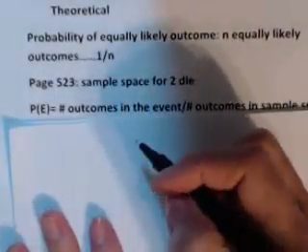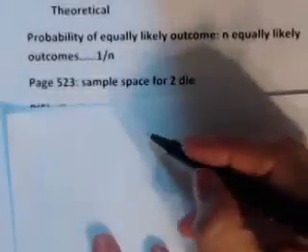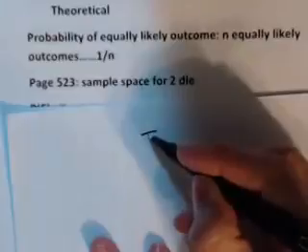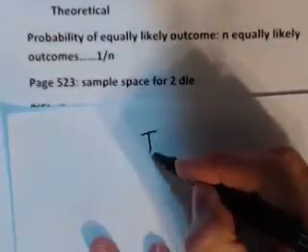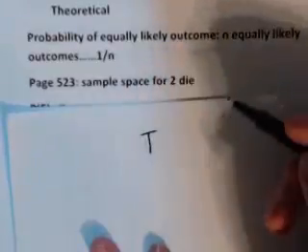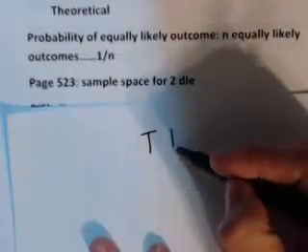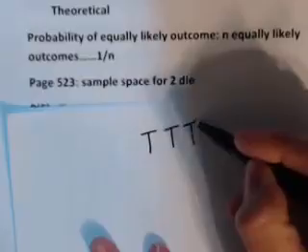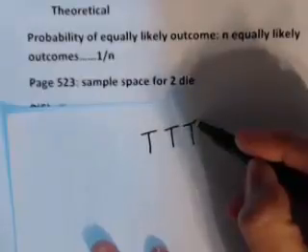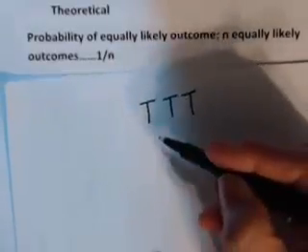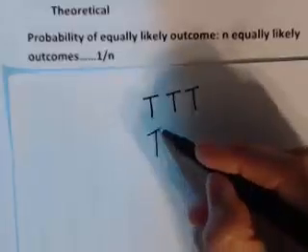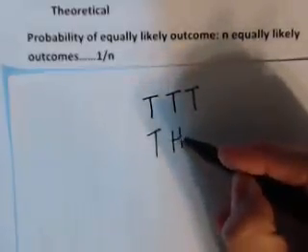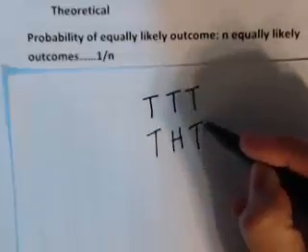I need to set up a system when I list these. If I let the first coin be tails, then the second coin could be tails, and the third coin could be tails. If the first coin is tails, the second coin could be heads, and the third coin could be tails.